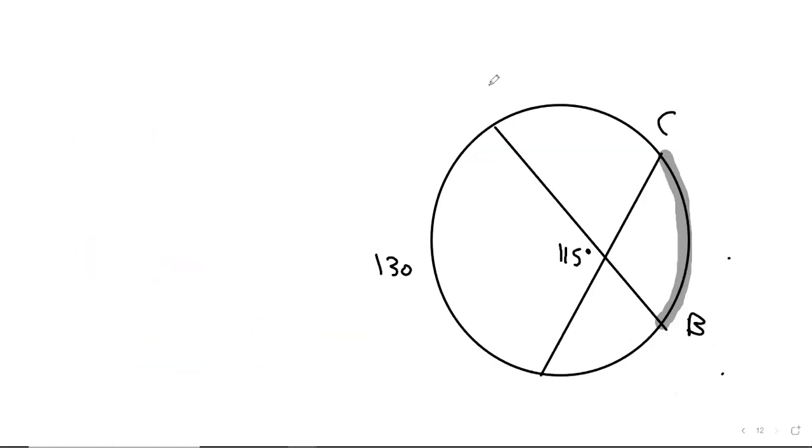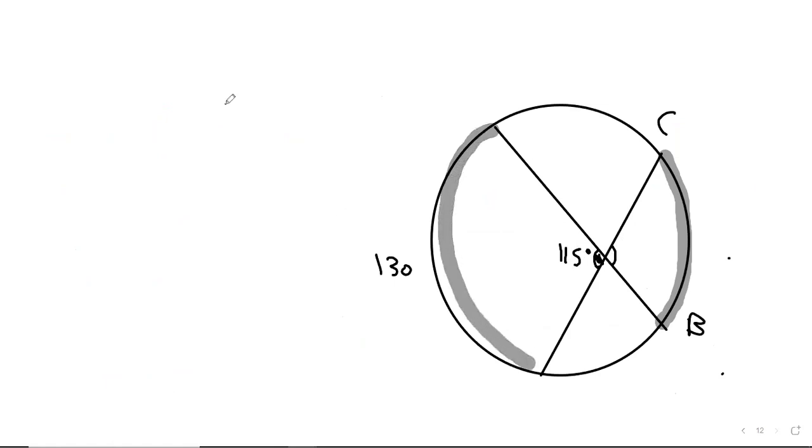Here in this example, we have an intersecting angle inside the circle. And this angle 115 is not an inscribed angle and also is not a central angle. So this angle is neither a central nor an inscribed angle. This angle is half the sum of the two opposite arcs.